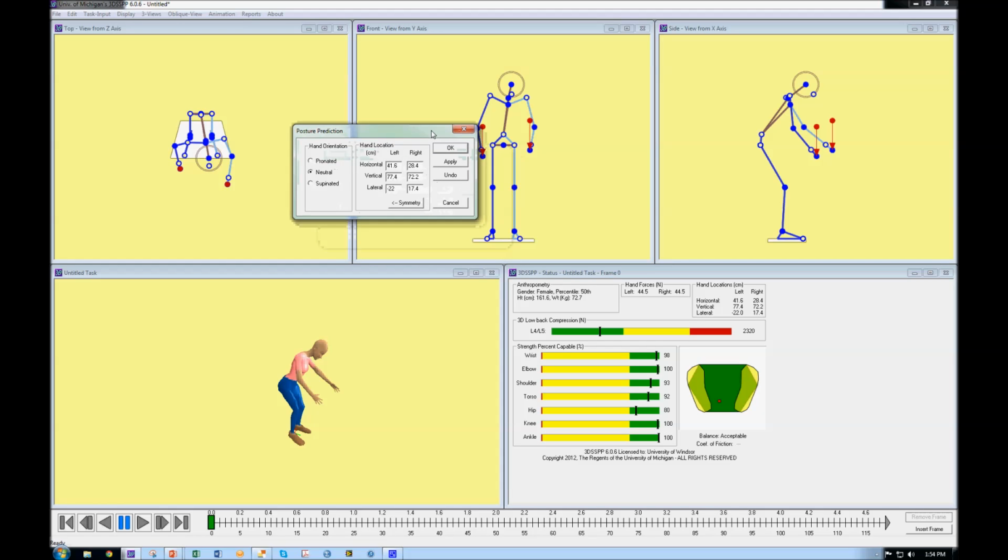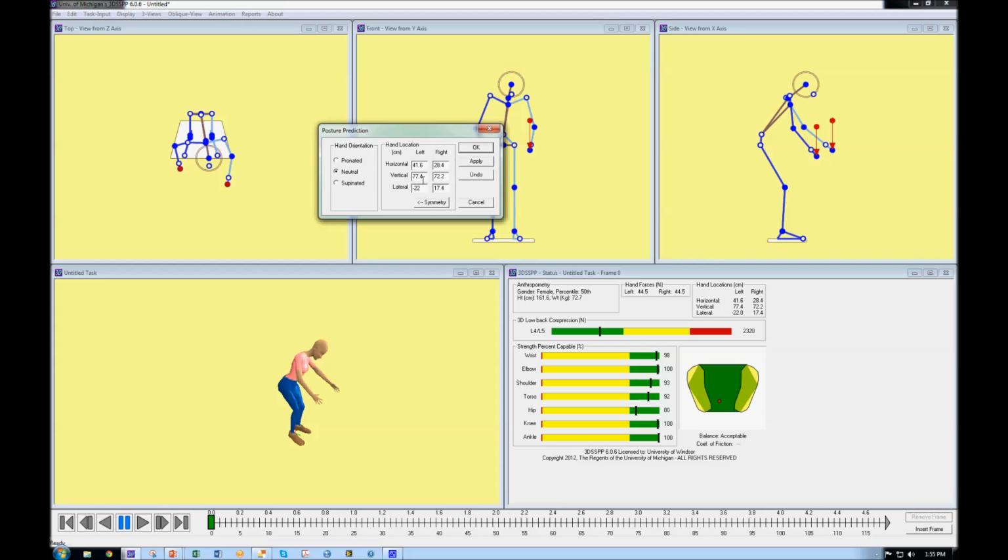So in your analyses, you could go out to either the plant floor or your laboratories and measure where your hands would be located to do that lift, push, pull, or lower, where they are in space relative to the feet.